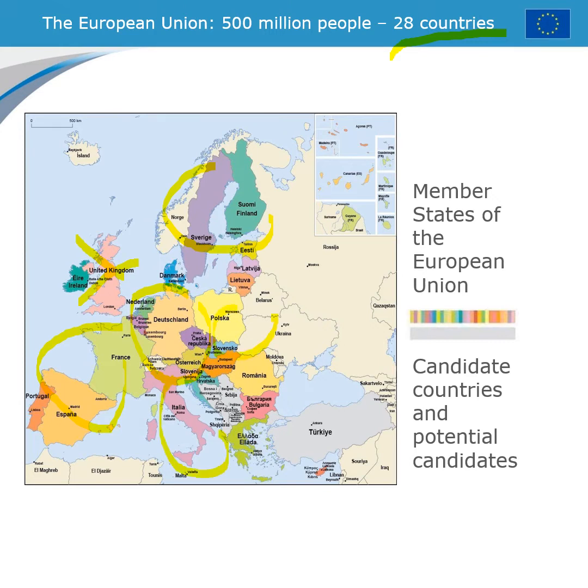However, there's a few spots on the map here, Switzerland and Norway there. Those two countries are not member states, but they have treaties that associate them very closely with the European Union. So many policies are the same there. And then we have a group of countries which are called candidate countries here.